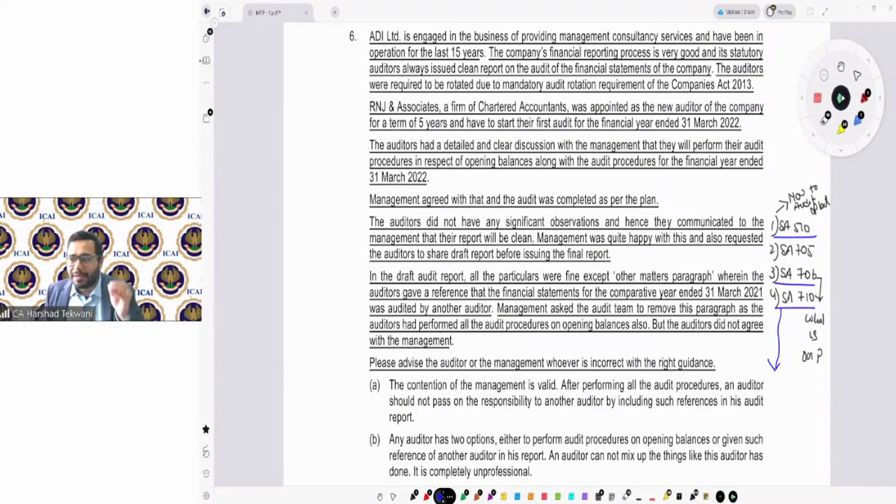These are the three things that you are required to specify as per SA 710, not 706 or 510. So the actual requirement is coming from SA 710.